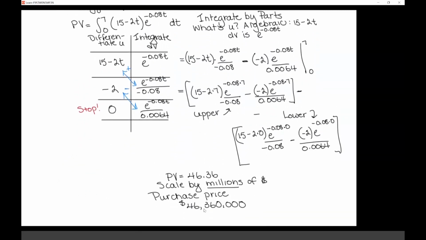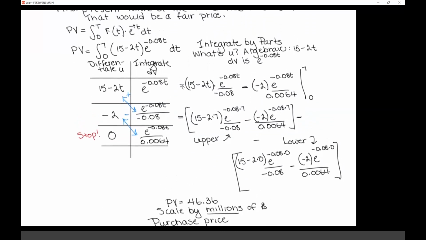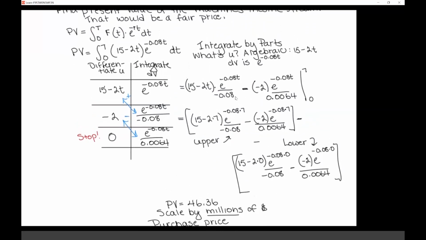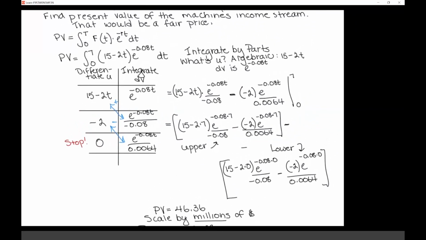We shouldn't pay any more than 46,360,000 for this machine, based on its continuous income stream. The only other wrinkle was the integration. We had to do it by parts because we had 2 unrelated functions.